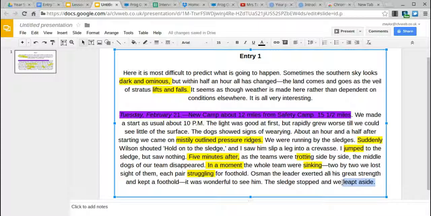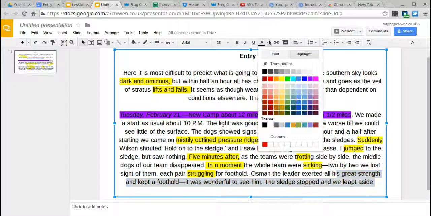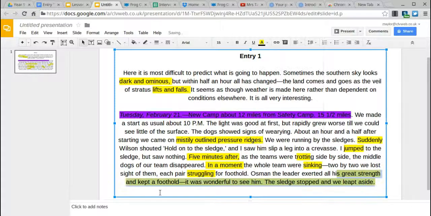So lots of sort of action verbs that build up a sense of pace here. So as we're reading this text in class, what I'd really like you to focus on is the way that the writer builds in this lovely description, like dark and ominous, almost this sense of foreboding there, you've got lifts and falls.